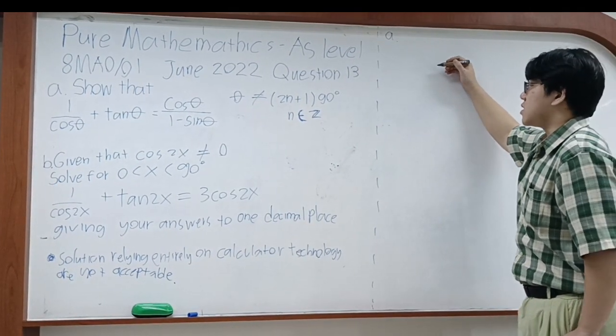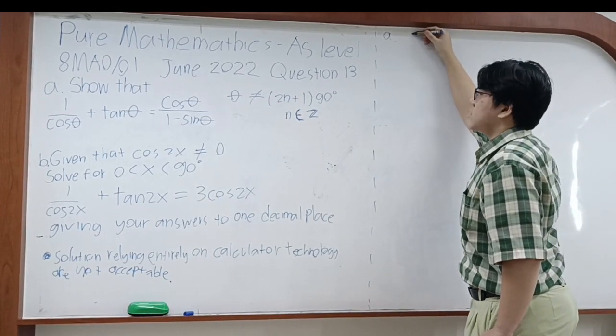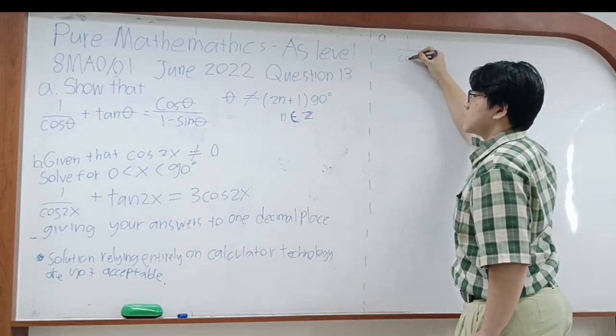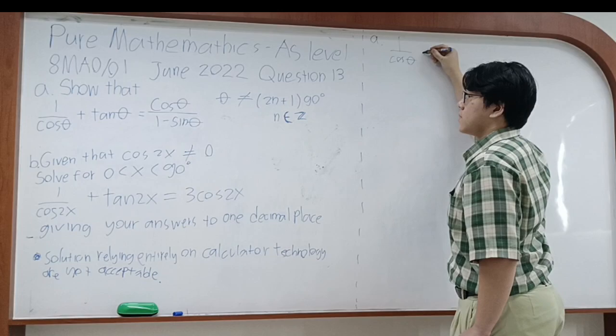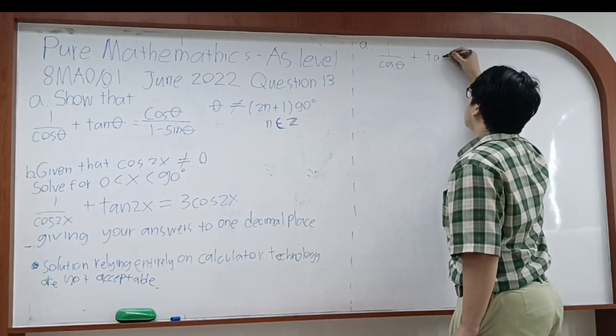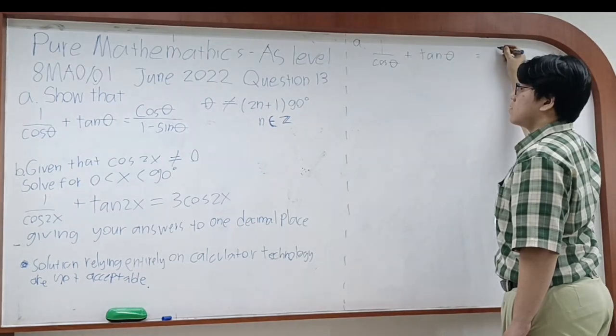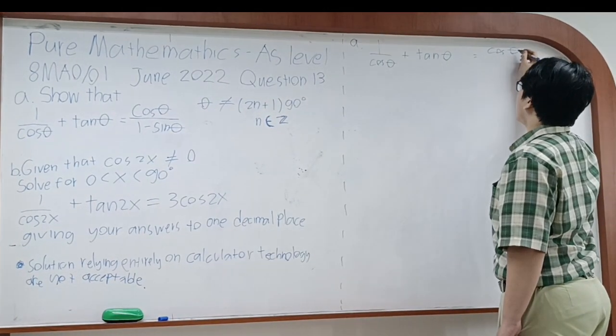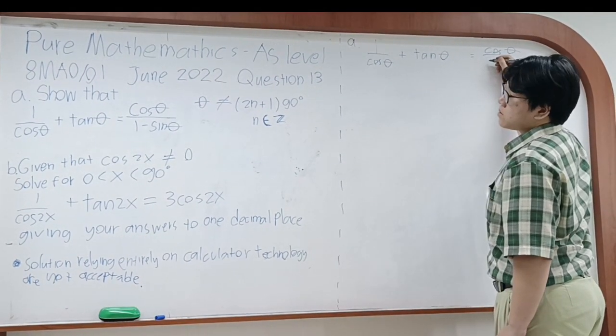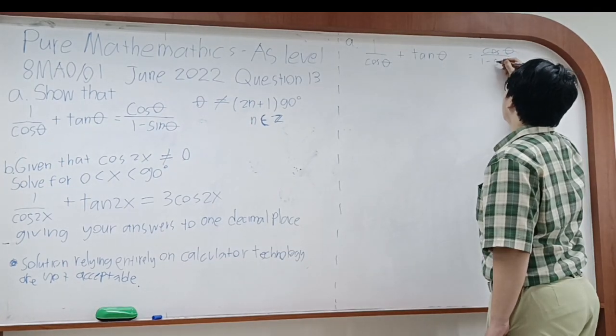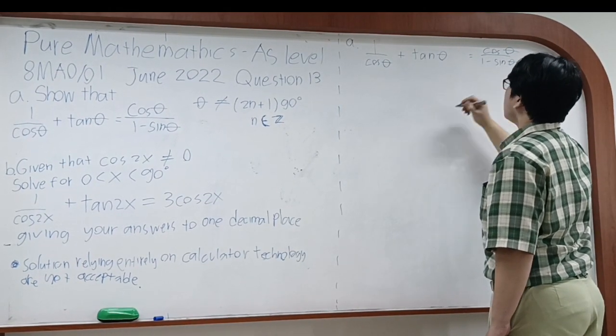To begin, we can just rewrite the question, which is 1 over cos theta plus tan theta, where our desired result will become cos theta over 1 minus sin theta.